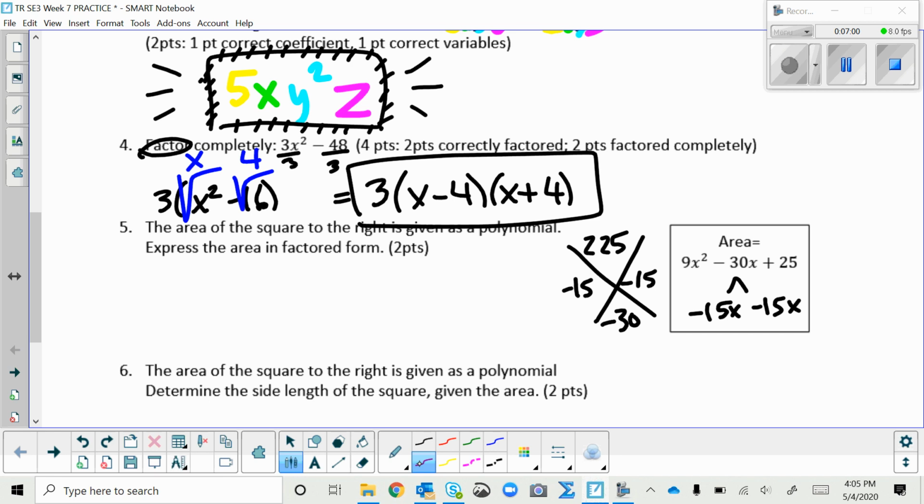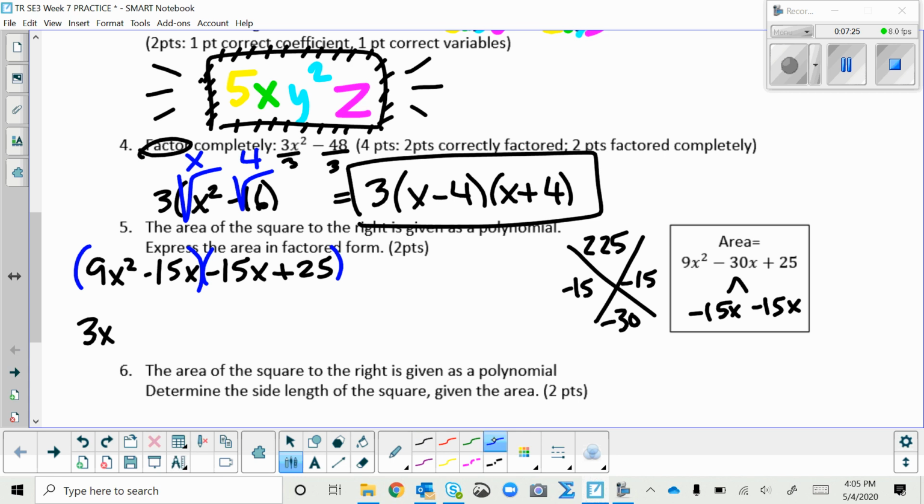So here's what I have then. I've got 9x squared minus 15x minus 15x plus 25. I group my terms together. First group, second group. The first group's GCF is 3 for the 9 and 15, and x for the x's.